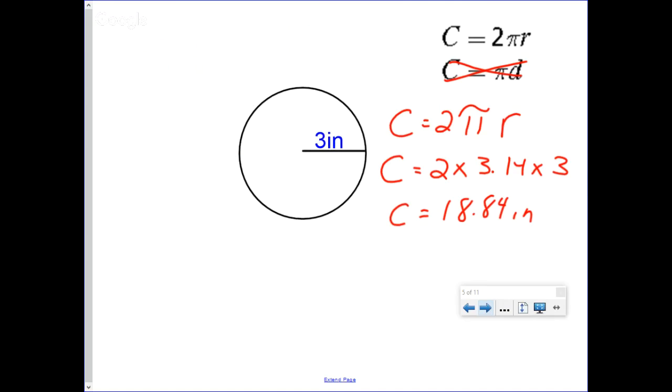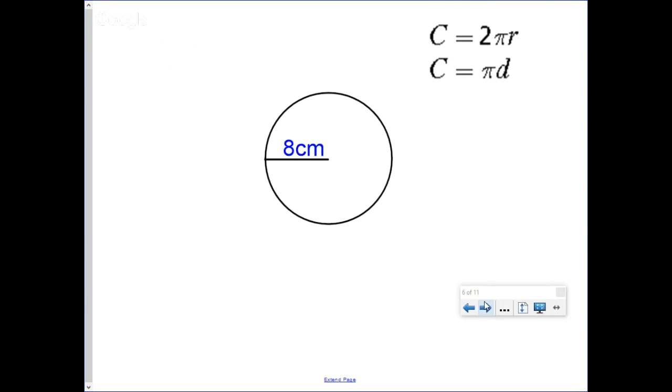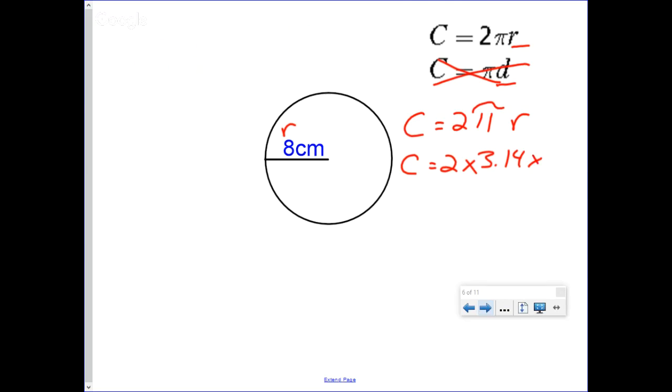Okay, so very good. Last problem, we're going to do a radius again. All right, which one are we going to use? Are we going to use the formula with a D or with an R? Well, we're given an R. So we are not going to use this formula. So we write down the formula we'll use to find the circumference. Circumference equals 2 times pi, which is 3.14, times the radius, which is 8.